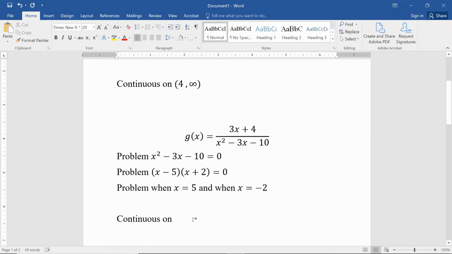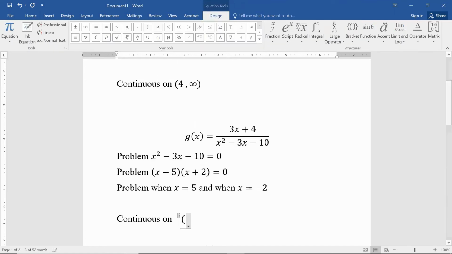In terms of my intervals on which this is continuous, this means that the function is continuous on the interval from negative infinity up to negative 2. Not at negative 2, but after negative 2, it picks back up and is continuous up until 5.